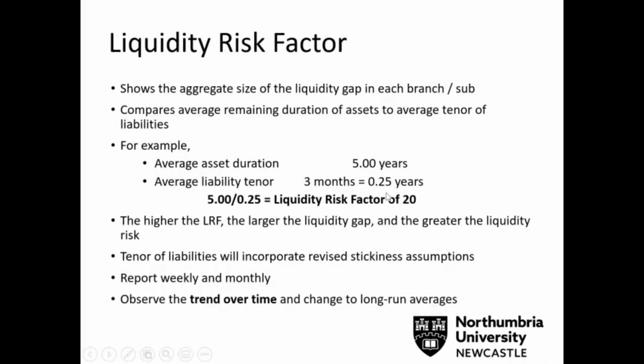Then we have the liquidity factor ratio, which links quite nicely to lecture 3 when we covered duration, because it looks at the asset duration in years and divides it by the liability tenure. Now obviously the liability tenure is not the duration of the liabilities, it's more about when the cash flows are due.